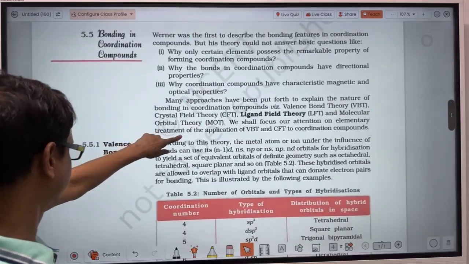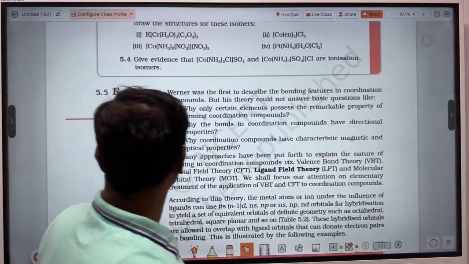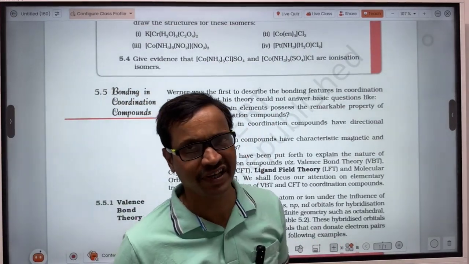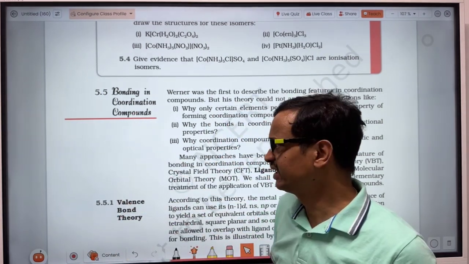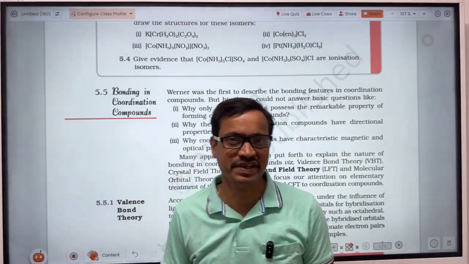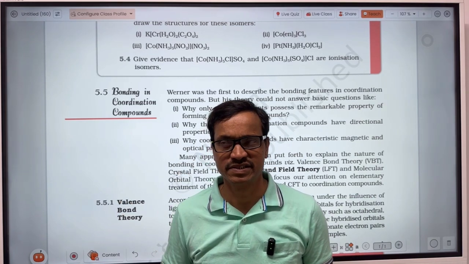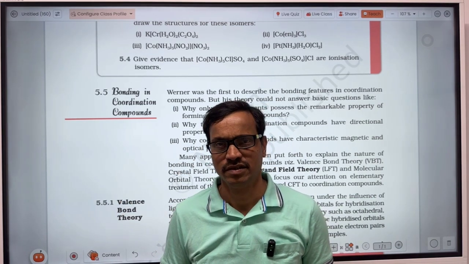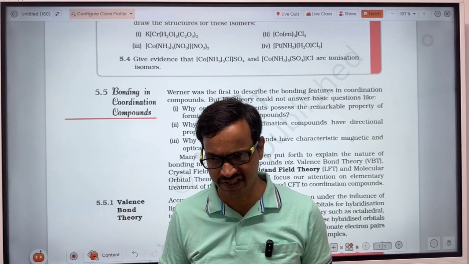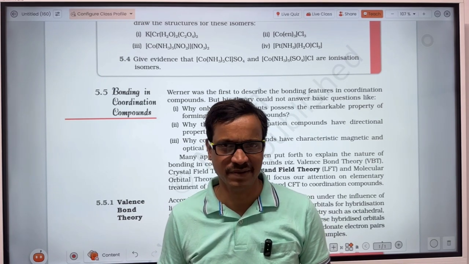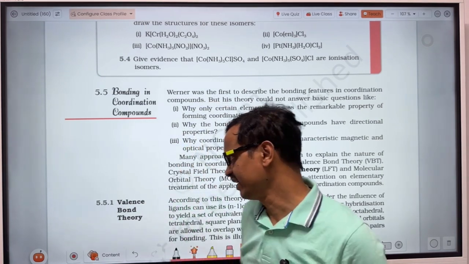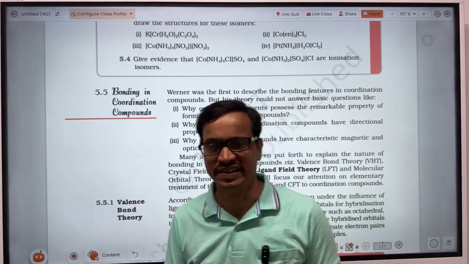In the next class we will discuss bonding in coordination compounds, valence bond theory. This topic is also highly important because questions ask which among these compounds is paramagnetic and which is diamagnetic, which we explain by the valence bond theory.